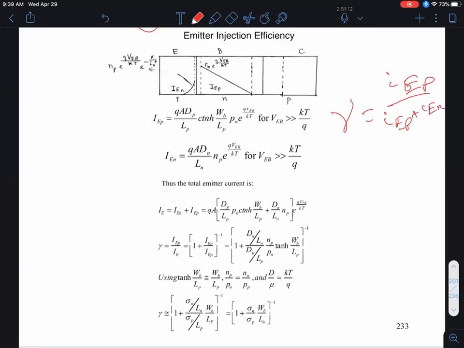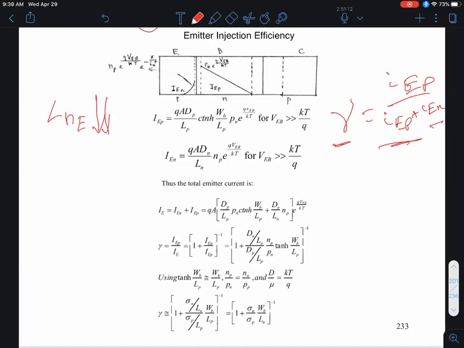So depending on the parameters of the problem, you have to figure these out, and that's how you define the emitter injection efficiency, okay? So in this case, I assume that my diffusion length in the emitter for the back injected electrons is very, very short. Ln in the emitter is very, very small, okay?